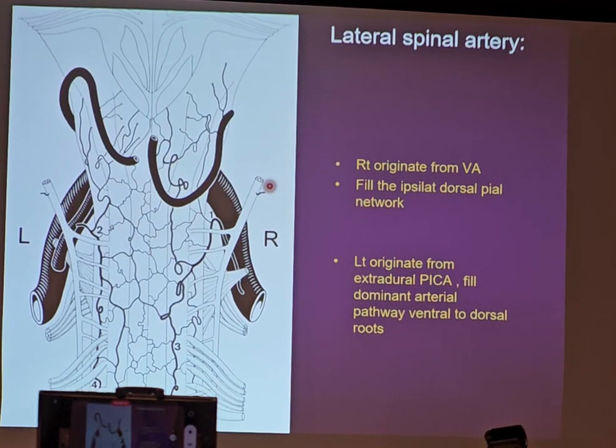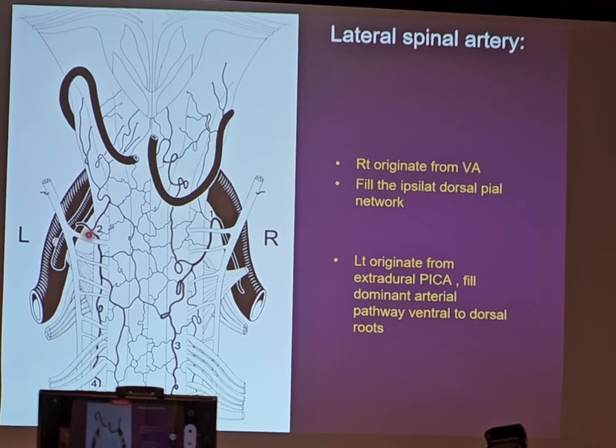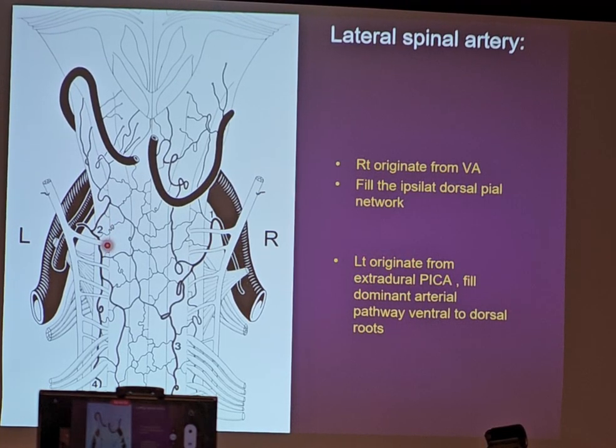structure. For example, in this drawing, there are two possibilities for the origin of the lateral spinal artery. If you have an extradural origin of PICA, the lateral spinal artery will come off from this extradural PICA.